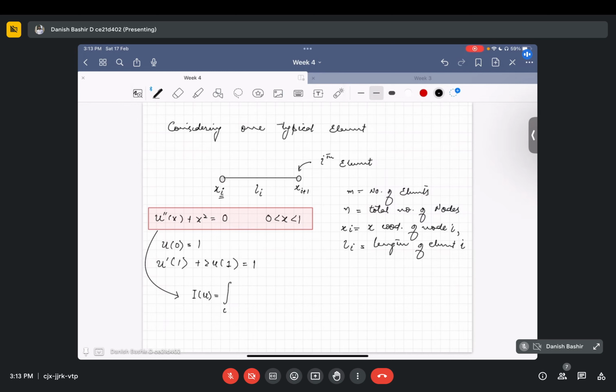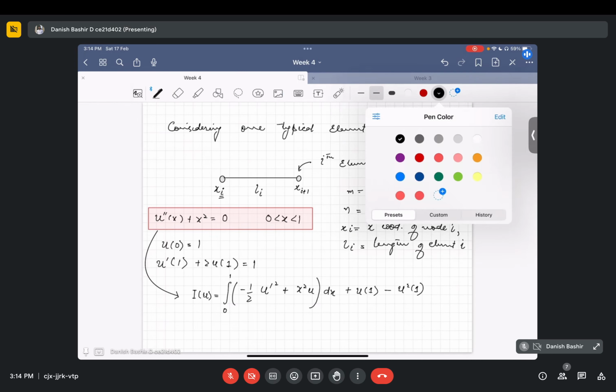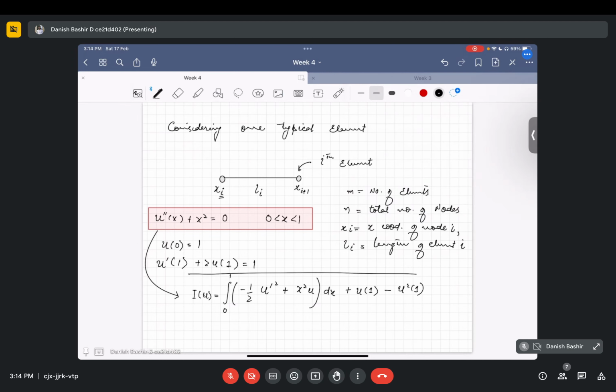The functional will be the integral from 0 to 1 of minus 1 by 2 u dash square plus x square times u, with respect to dx, plus the boundary condition term u of 1 minus u square of 1. Please see the last class to see how I came up with this functional. This is the functional.